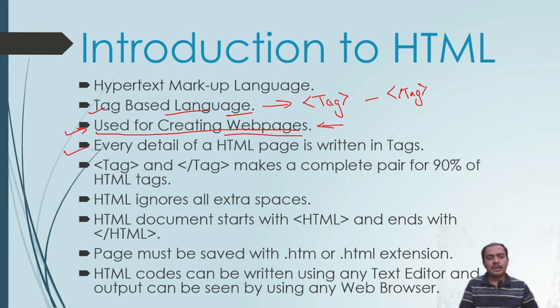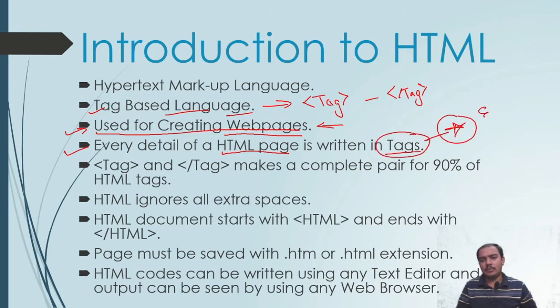Every detail that you write in your web page has to be written in tags, and these tags are termed the fundamental elements of HTML. So whatever we write or display, we write in these HTML tags only.